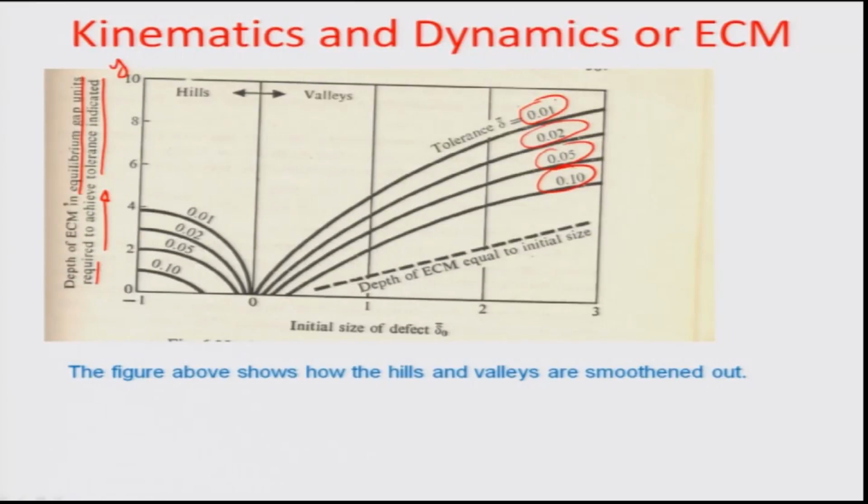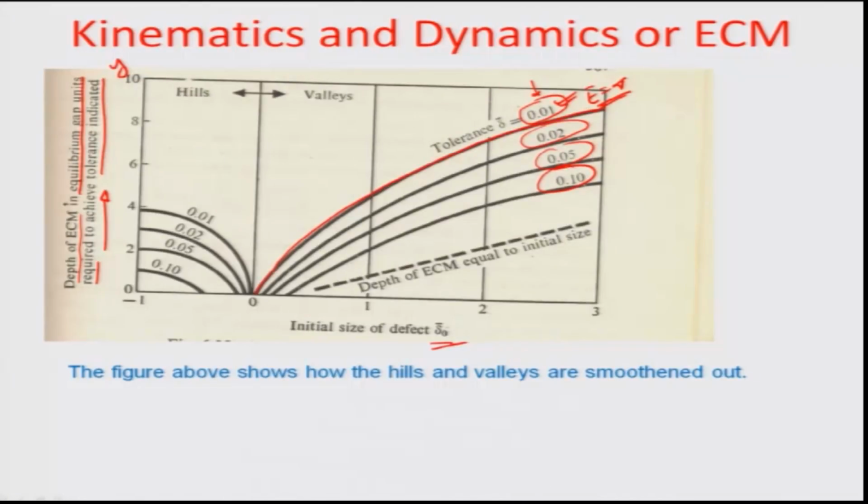So, typically if this is the finished tolerance corresponding to, let us say, time T dash equal to infinity, or this is the capability of the process as I was talking about earlier, the way that this depth of ECM in equilibrium gap units would vary with respect to the initial defect size delta 0 dash lies on this particular curve. Okay.